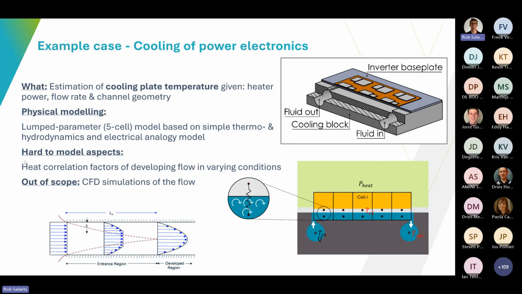You start from a quite turbulent flow, and then depending on the flow rate, it is developing into a stable developed region or laminar flow. This is all quite complex, and there are some physical laws available in textbooks, but there's no one-fits-all solution unless you do a very detailed simulation.